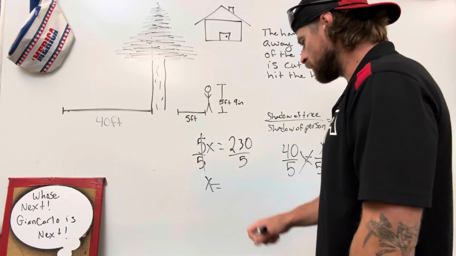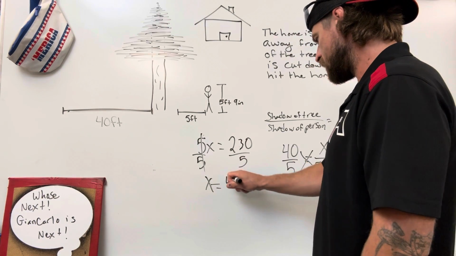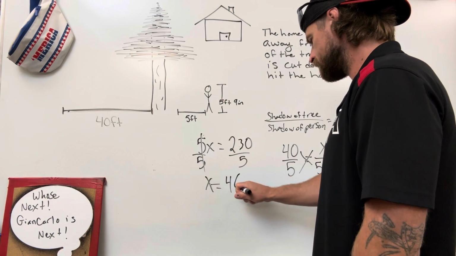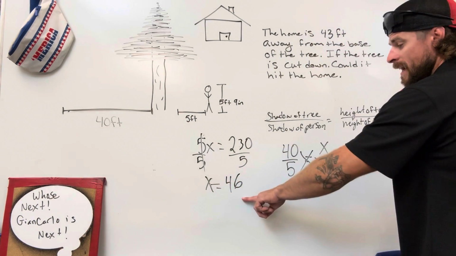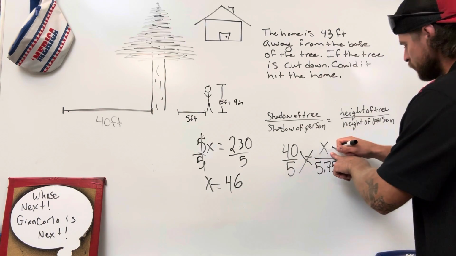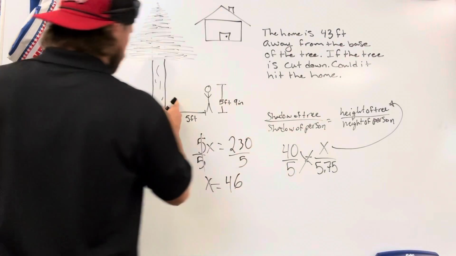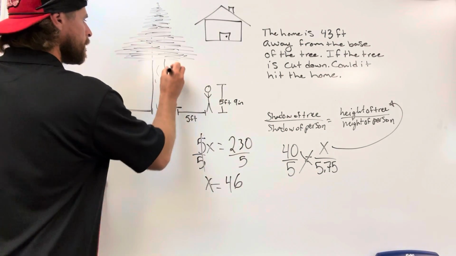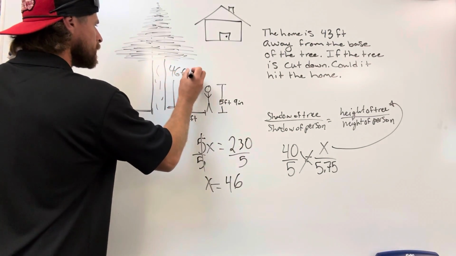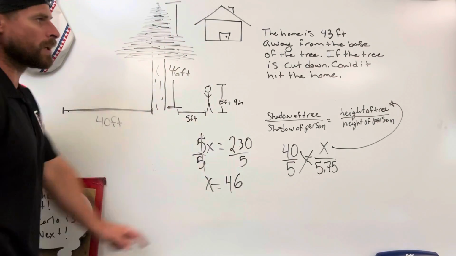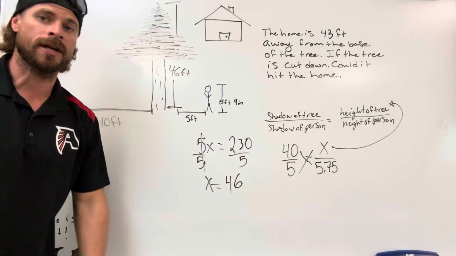X is going to be equivalent to 46. Okay, so now that we have what x is, remember x is representing the height of the tree. So we can now say that this tree here is 46 feet tall.